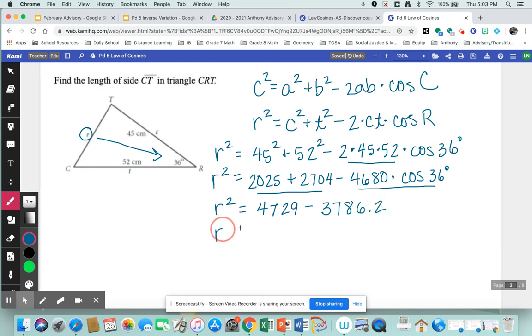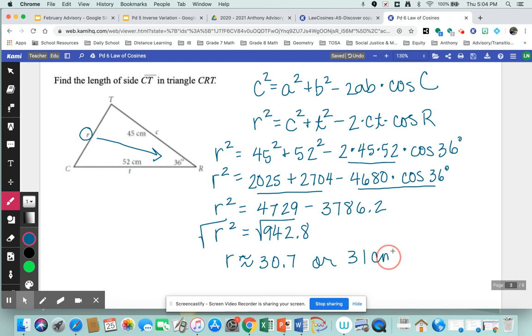We do our subtraction. We get 942.8. And then take the square root of both sides. Don't forget that last step. So R is going to be approximately equal to 30.7, or we could say 31 centimeters.